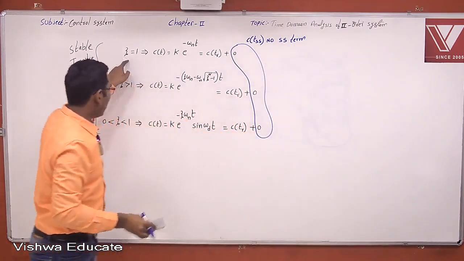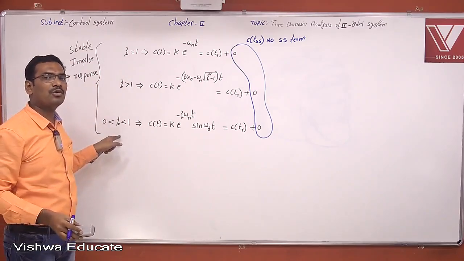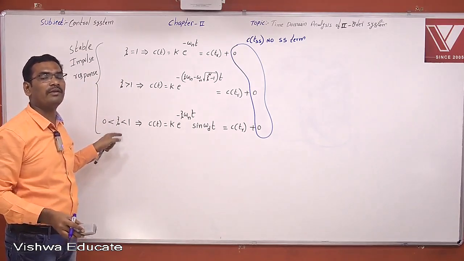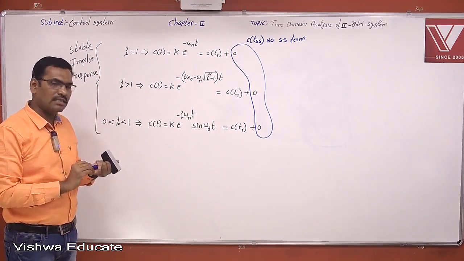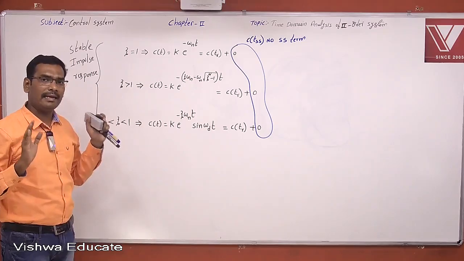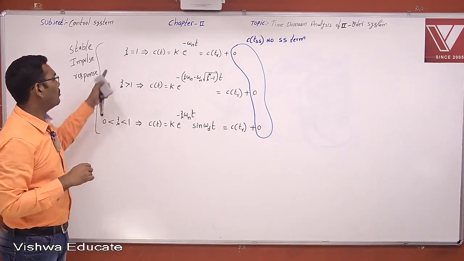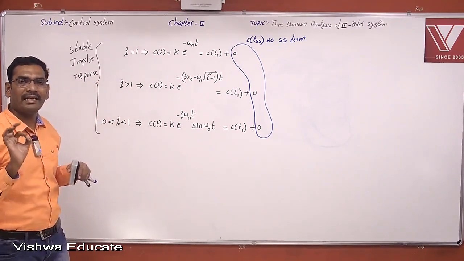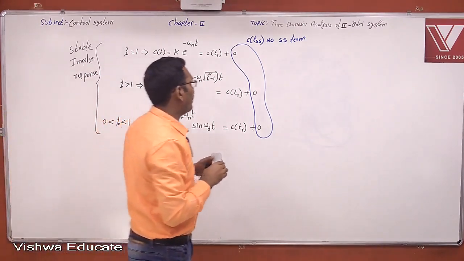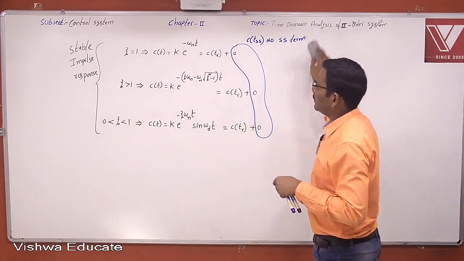Among these three values, which is the best suitable value for designing a second order system? That is possible when you go to the practical analysis, where you have to apply the practical existing input, which is a step input or unit step input.